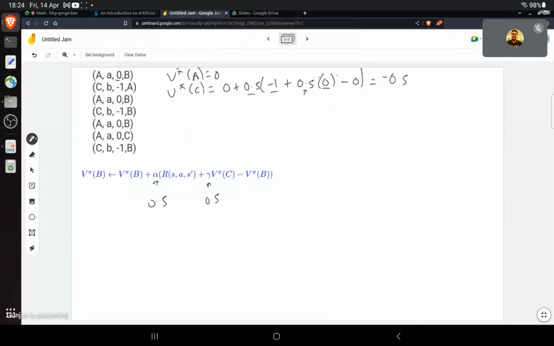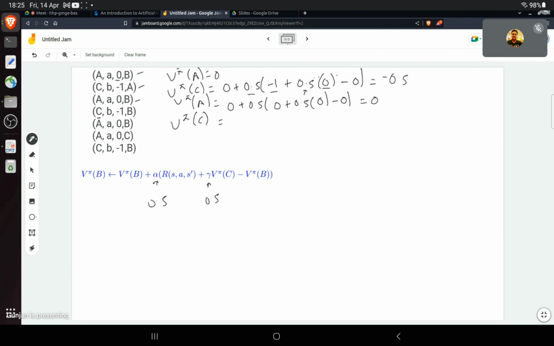Now for the next sample, that is again v pi of a, previously 0 plus 0.5 times the reward, which is 0, plus 0.5 times the v pi of b, that is 0, and then we subtract the old value of v pi of a, which is 0. So this entire thing also goes down to 0. So we have calculated for these three samples. Then we start with v pi of c for this sample, right?